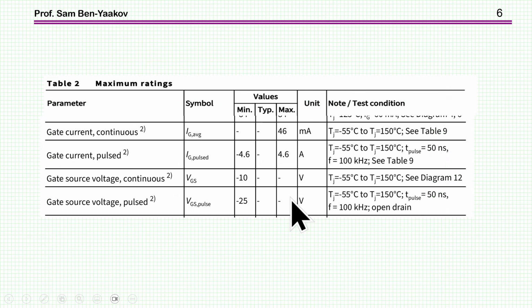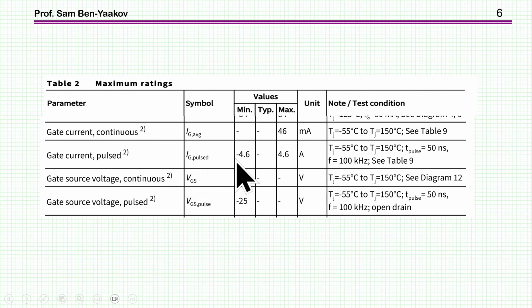But here are some parameters that are really unique to the GIT. We see here the gate current continuous, and this is 46 milliamp, and now this is DC current to the gate. Well, obviously, you don't have it in the silicon MOSFET. However, during the transition, we do need high current in order to turn the transistor fast on and off, to supply the charge to the gate.